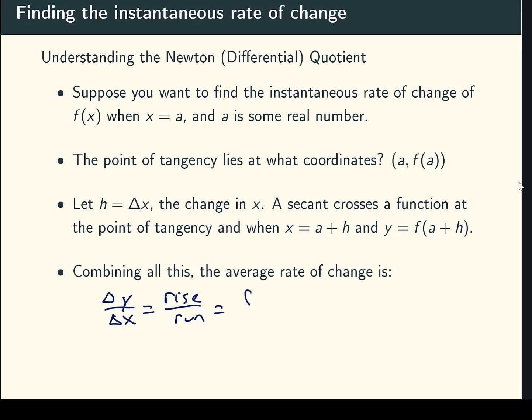Well, we compute a value for y and then subtract its starting value, or its value at the tangent. And then we're going to divide this by the change in x. Well, that's easy. It's just h. And so there we go.